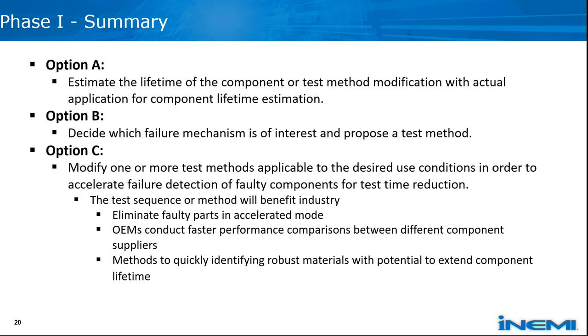What are the things that we can do to mitigate those failures, to extend the lifetime of individual components? And this may be through a modification of the test methods, but we definitely want this to have application for the component lifetime in the conditions that they will be used in their application.